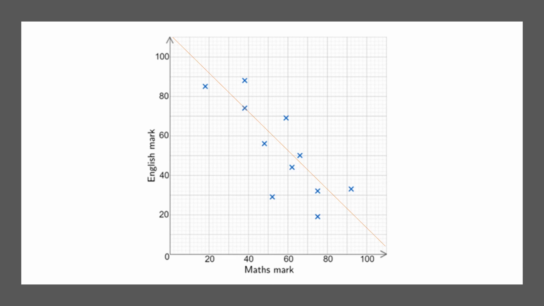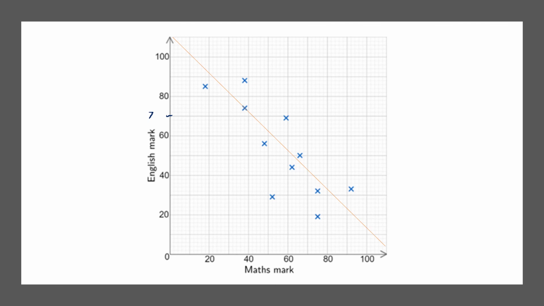It might be a little bit different. There's going to be discrepancy allowed in your exam for this. The next thing we're asked to do is find the expected value for when we've got an English mark of 65. So 65 is going to be halfway between 60 and 70.